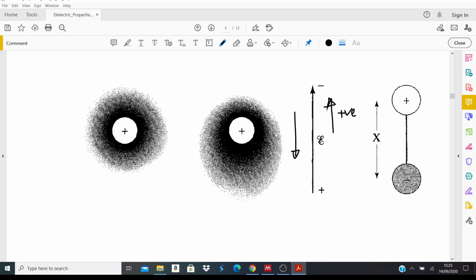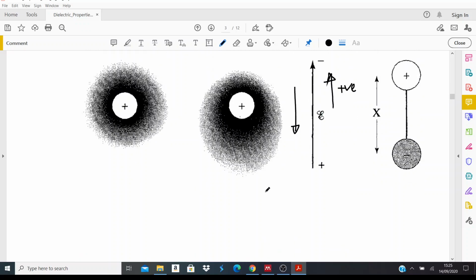But one thing to note is that due to the heavy nature of the nucleus, the displacement of the nucleus will be very small compared to the displacement of the electrons, because electrons are much lighter. That's why they will be distorted, right? And what happens is that now, let's say somewhere here we have another picture.